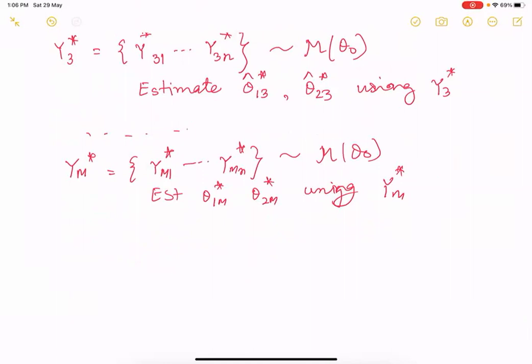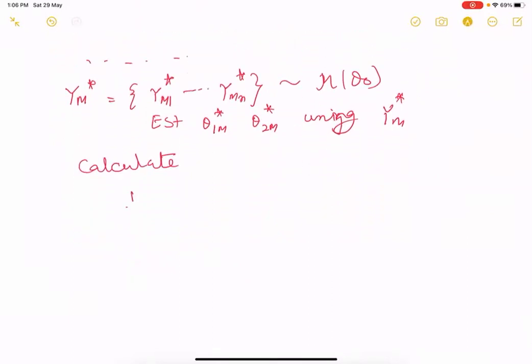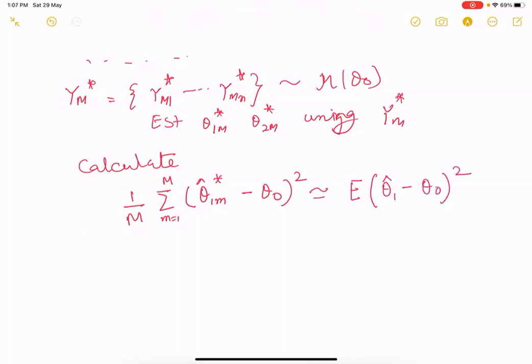Now what you can do, you can calculate 1 by M summation m equal to 1 to capital M of theta 1 m star minus theta naught whole square. This is the Monte Carlo estimate of expected value of theta 1 hat minus theta naught whole square.